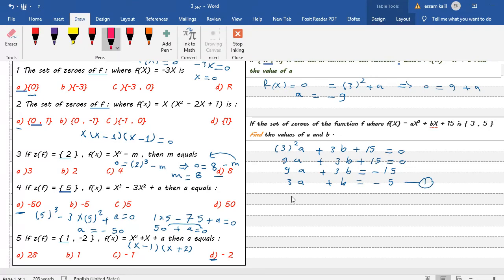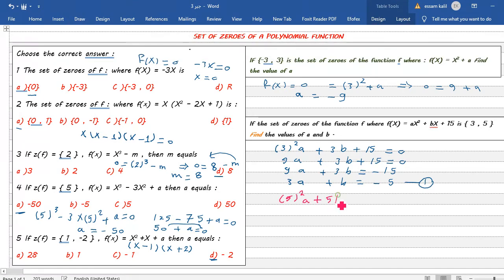Another equation: 25a plus 5b plus 15 equals 0.